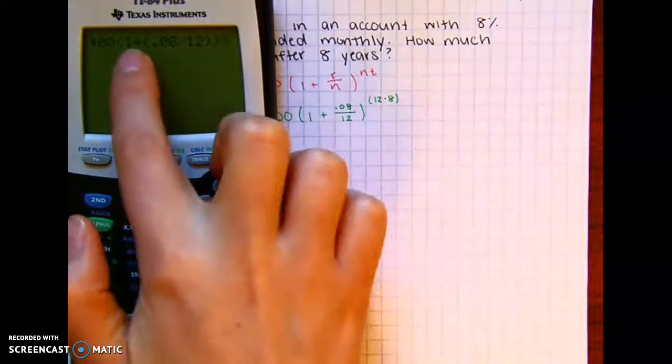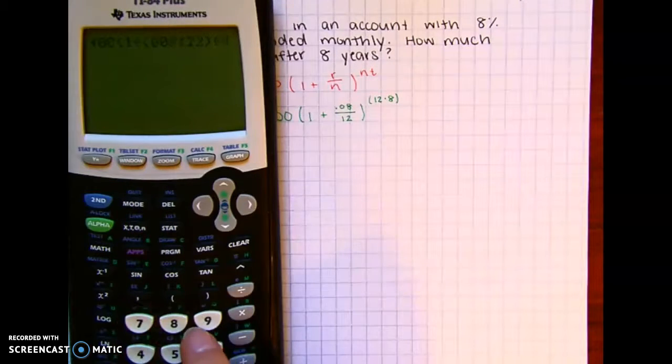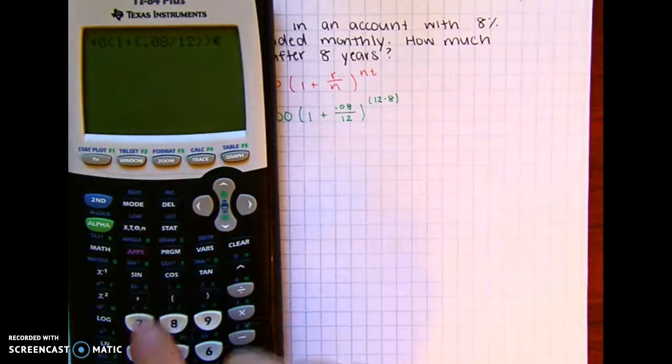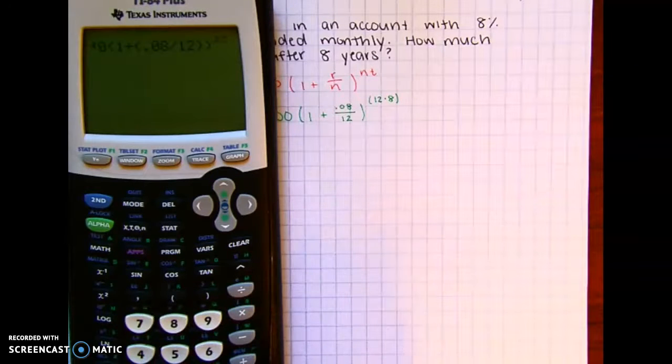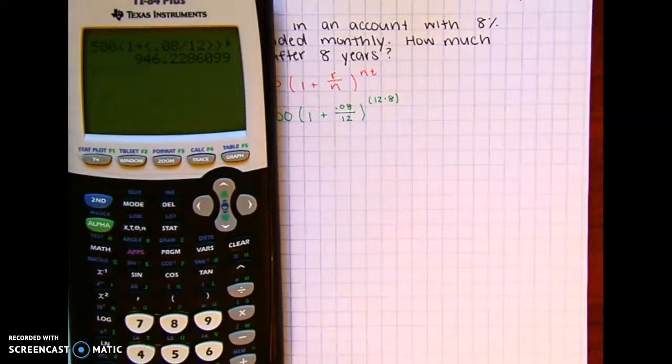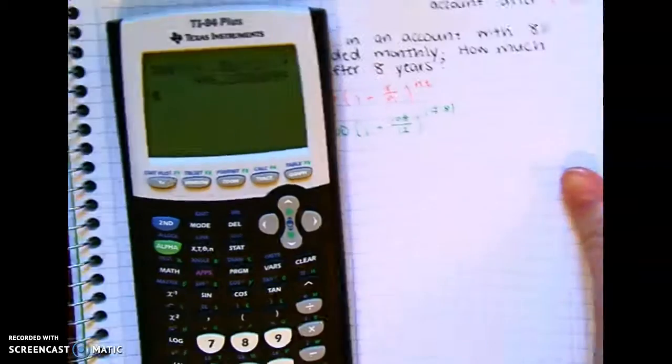Then close my parentheses and raise that to the power of 12 times 8. And we get 946.2286099.